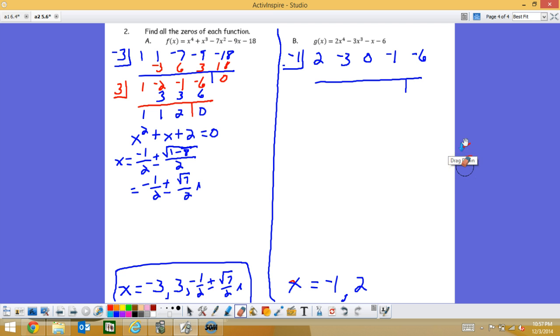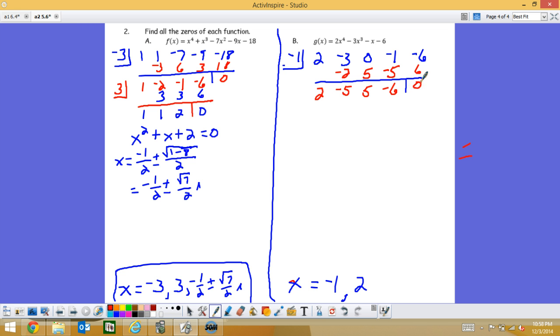Performing the synthetic division, we're going to bring the 2 down, multiply to get negative 2, add these two to get negative 5, add them together to get 5, negative 1 times 5 is negative 5, add them together to get negative 6, and negative 1 times negative 6 is 6, 0.